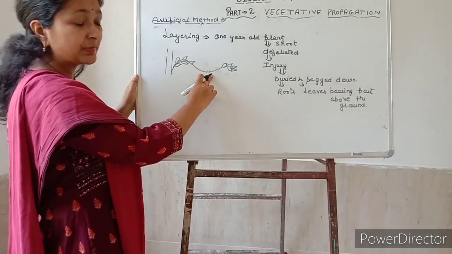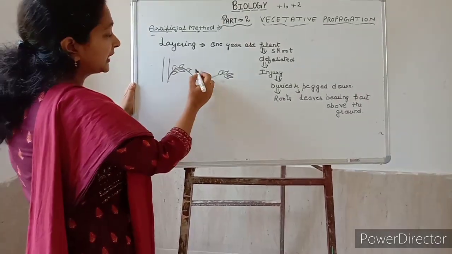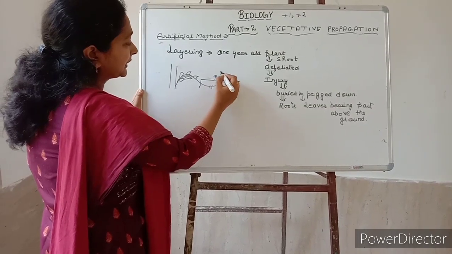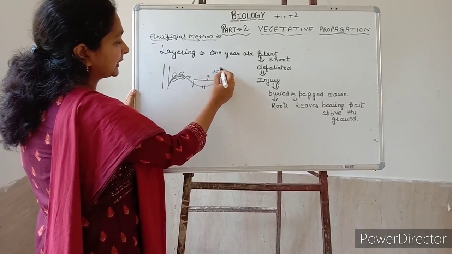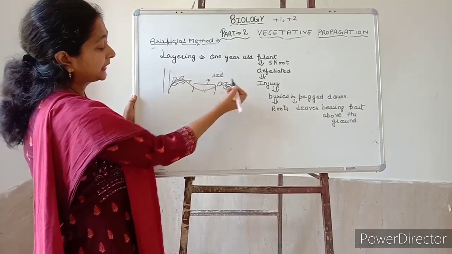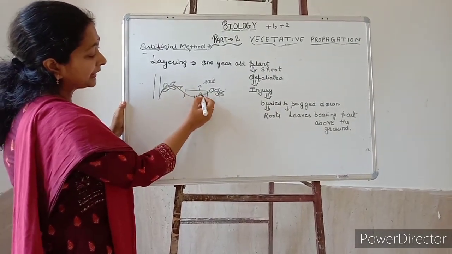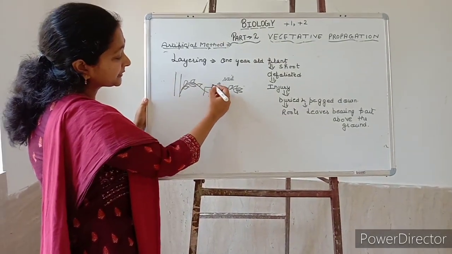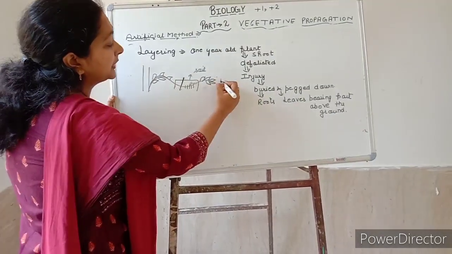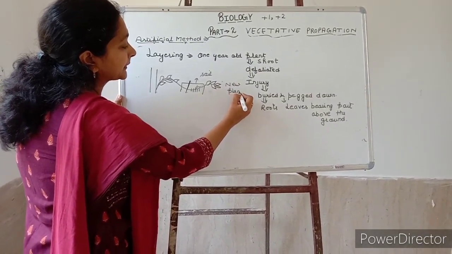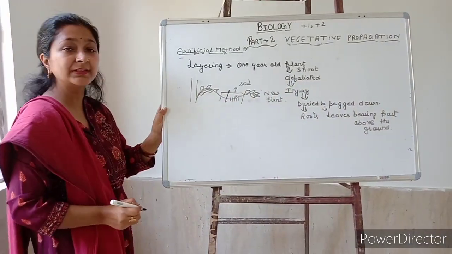After making the injury, it is buried in the soil, and the leaf bearing portion is above the ground. After some time, it will develop roots. Now it is cut from this part and it will form a new plant. So this is layering.